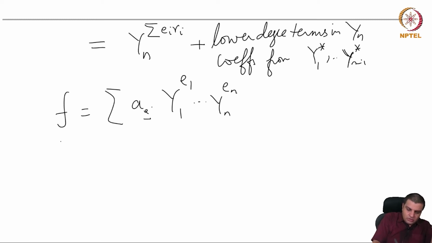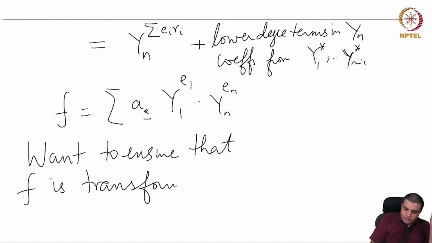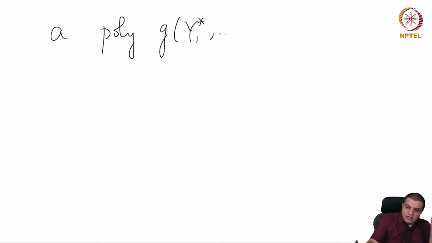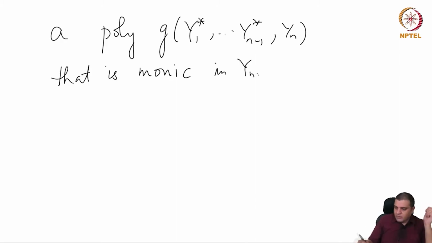So we want to ensure that f is transformed into a polynomial, let's say g of y_1 star through y_{n-1} star, y_n, that is monic in y_n. Okay, so this is what we want.